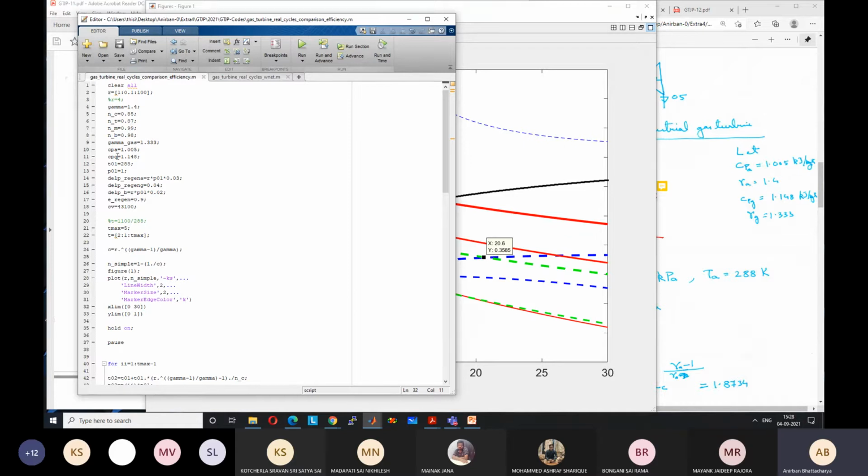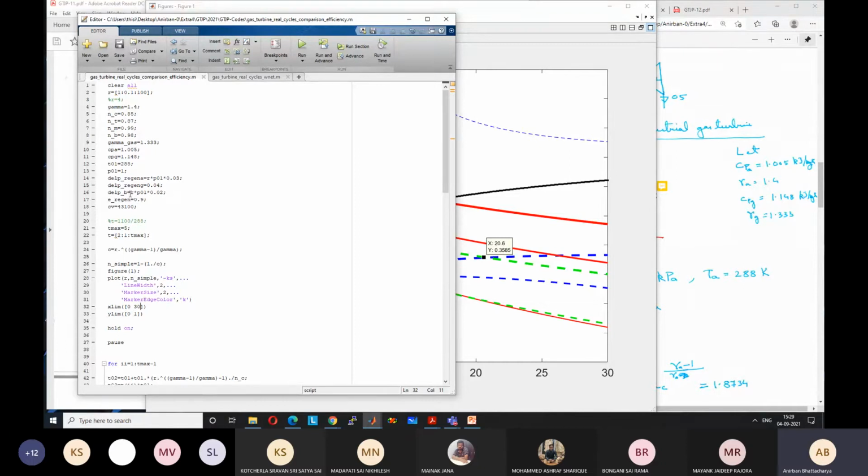Gamma of gas, Cp of air, Cp of gas you know. Inlet temperature I have taken as 288 Kelvin. Inlet pressure is 1 atmospheric pressure. If there is a regenerator, then the pressure loss in the regenerator is 3% of the compressor outlet pressure. On the gas side, I have taken 0.04 atmosphere pressure loss.